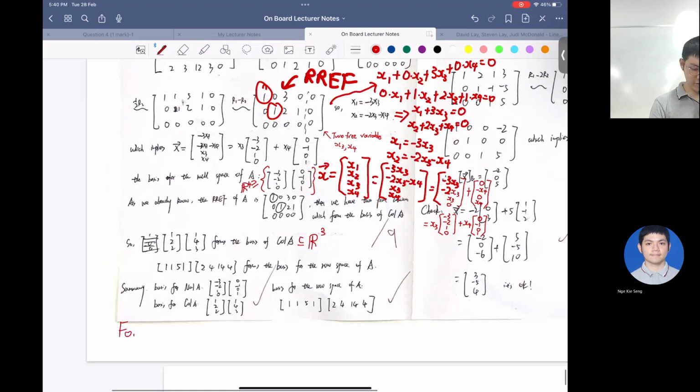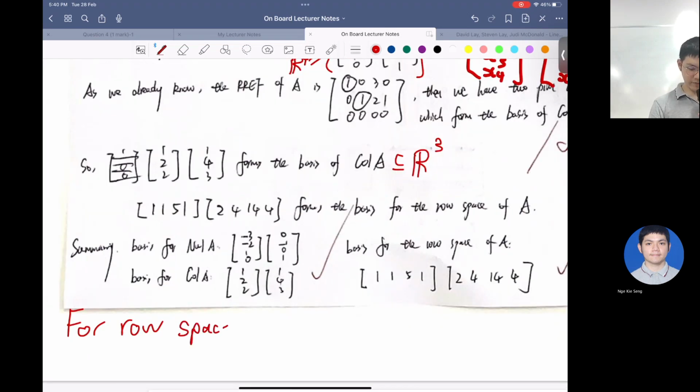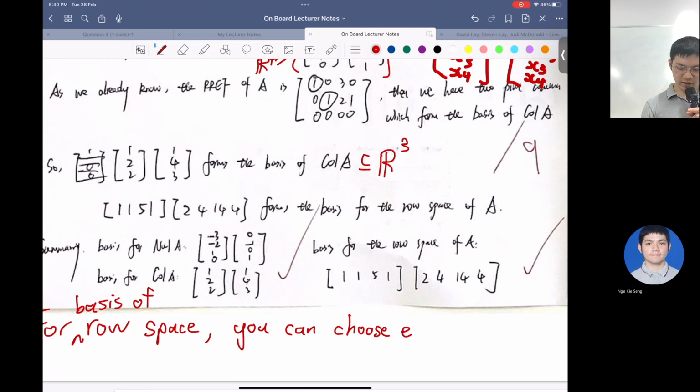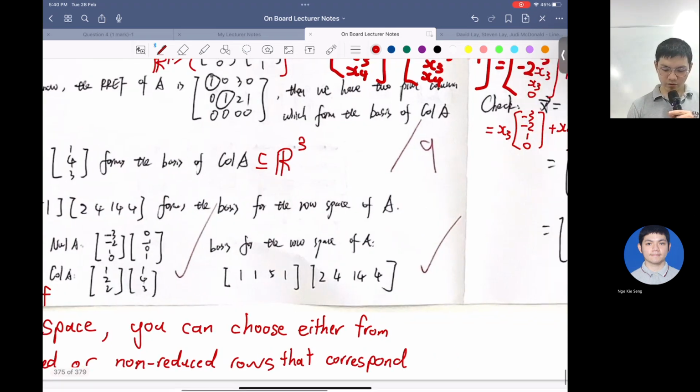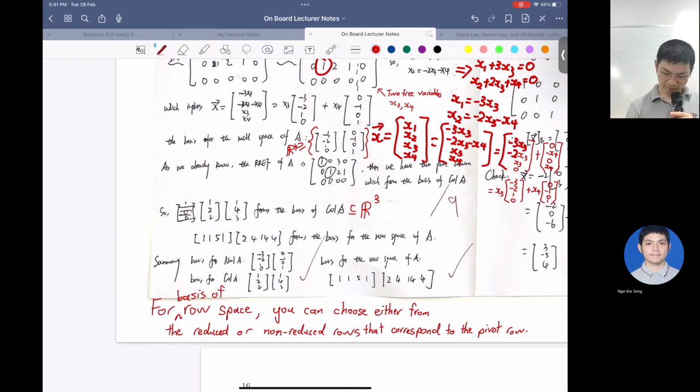So for the basis of row space, you can choose either from the reduced or non-reduced rows that correspond to the pivot row, the row that contains the pivot. Yeah. This one I think most of you did okay.